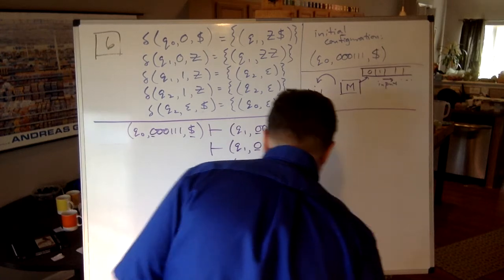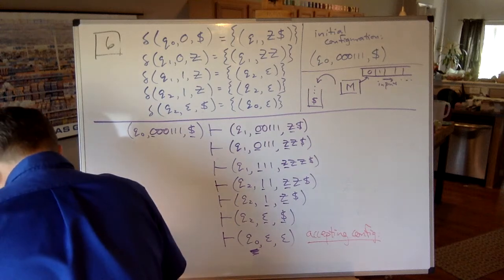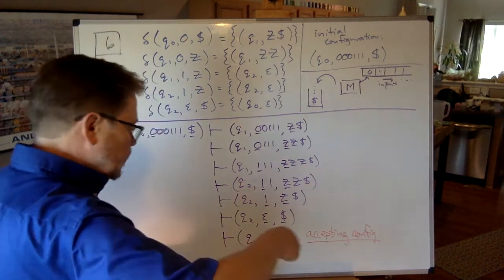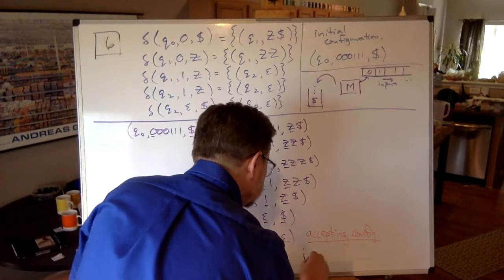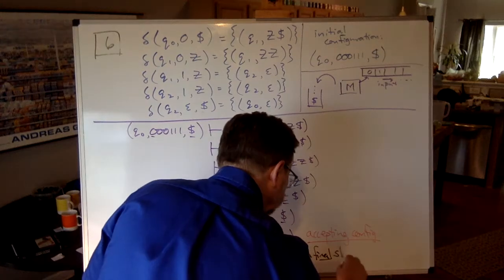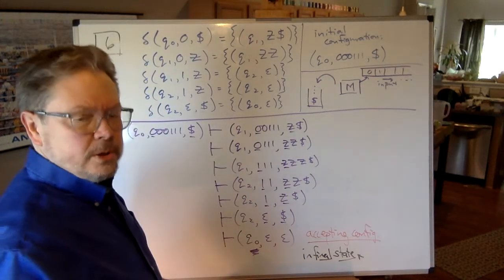I don't have a lot of faith in that red, so I'm going to try to switch back to the juicy black if I can find one. Accepting configuration. What does that mean? In a final state, and the input is gone.